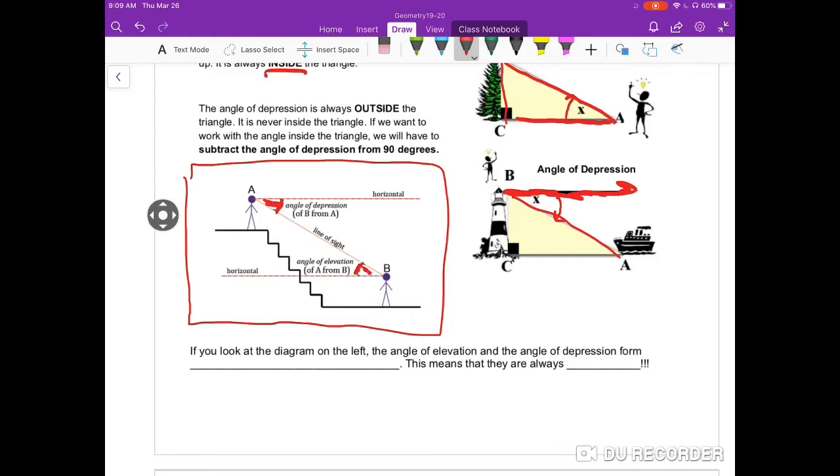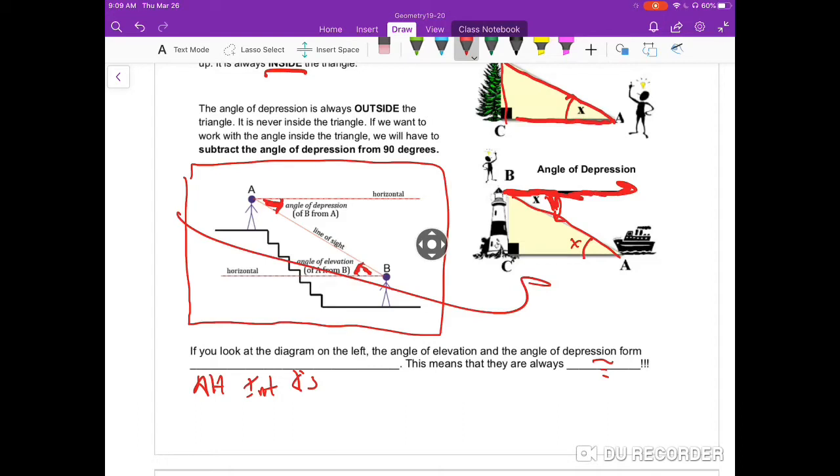If you look at the diagram, they are alternate interior angles, which means they're congruent. So the angle of elevation and the angle of depression are always going to be the same. If this is x, my angle of depression, then this is also x, my angle of elevation. Wherever my information is in this picture, I can use either one to solve.